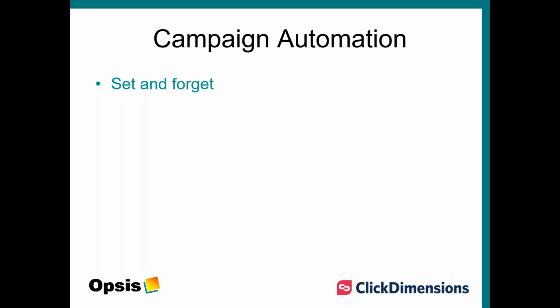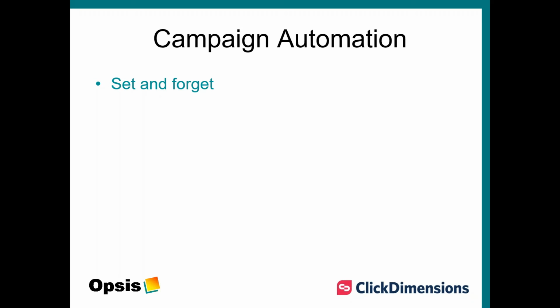It really is set and forget. Once you've done it, it will just keep on going, and it will move people towards becoming a marketing qualified lead or even a sales qualified lead.